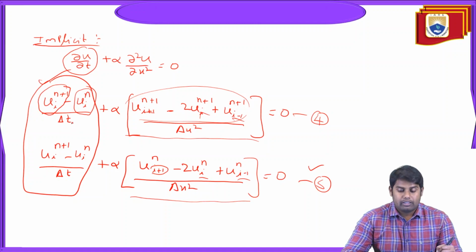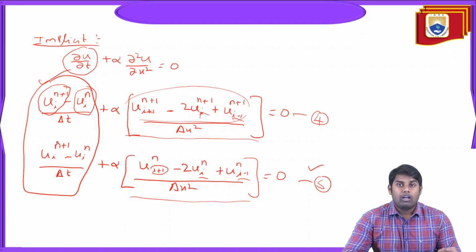And in equation 5, we have only one unknown parameter, which is u of i to the power of n plus 1. So this is the difference. The major difference between equation 4 and equation 5 is that in equation 4 we have only one known parameter, while in equation 5 we have only one unknown parameter.